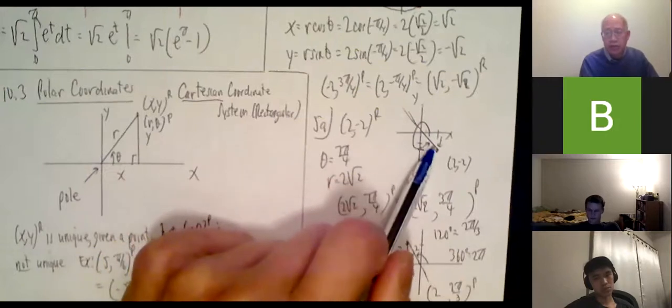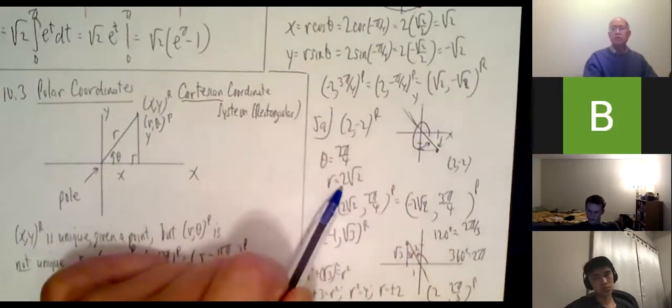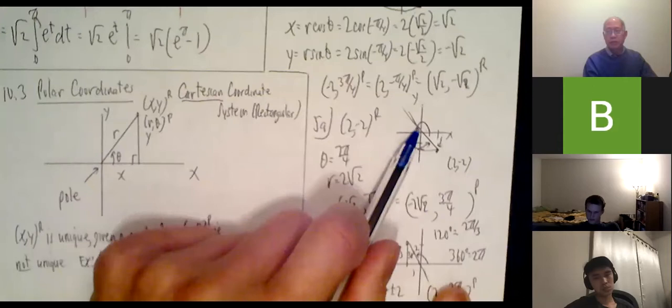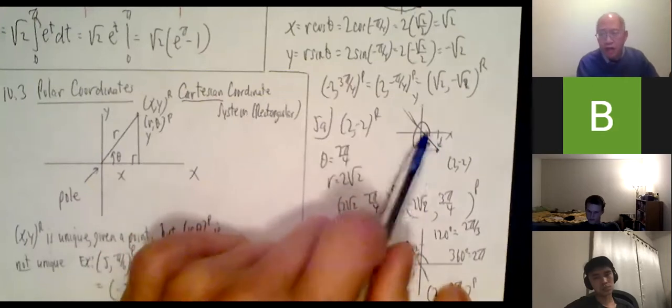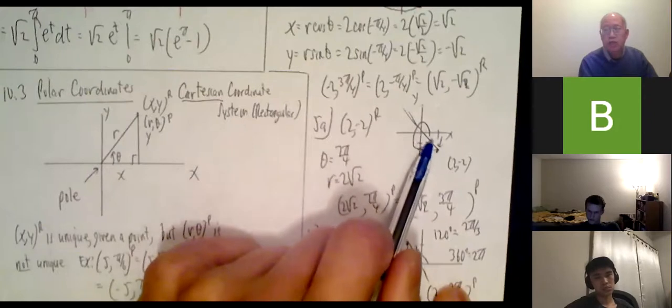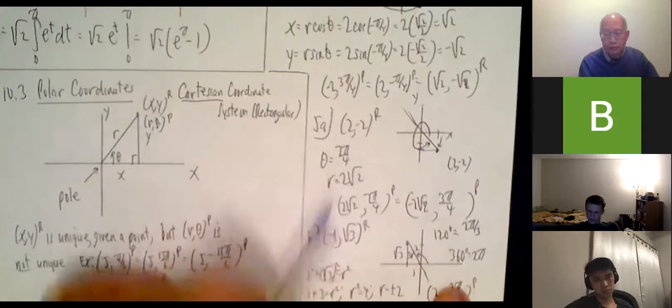And I can use the Pythagorean theorem, but it's a 45, 45, 90 triangle. So if this is 2, this is 2, the radius is 2 radical 2. You know that. Or you can do your a squared plus b squared equals c squared stuff. But if you have a 45, 45, 90 triangle, you can use the property that the hypotenuse is square root of 2 times either side. So 2 radical 2.